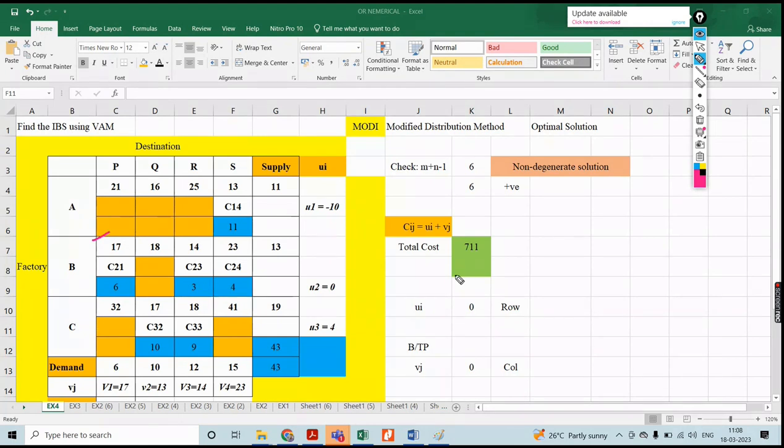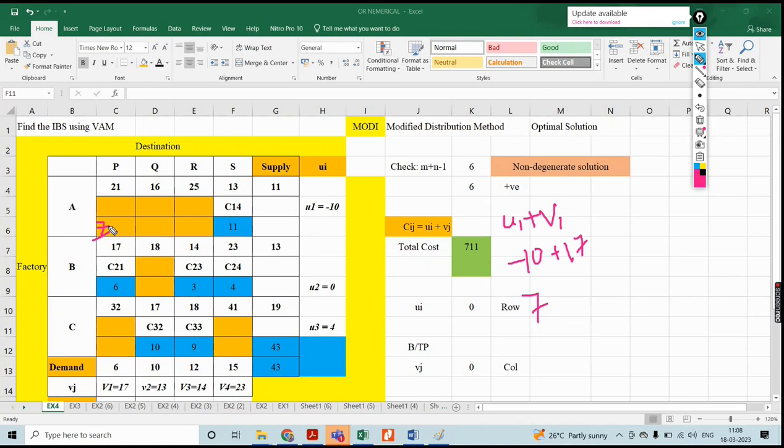For this particular cell, Ui and Vj: 17 is V1, so U1 plus V1. What is this value? Minus 10 plus 17, it is 7. At this left corner, you write 7.